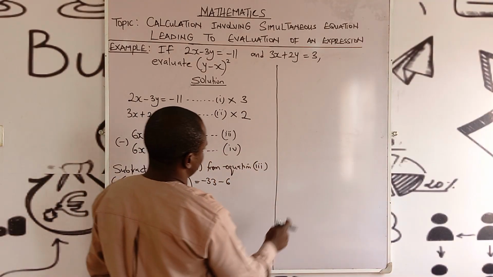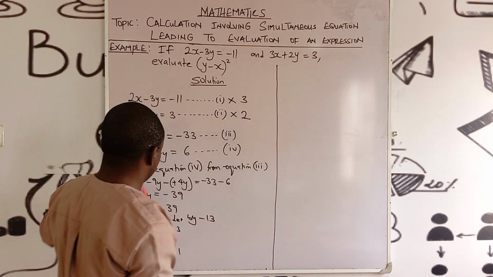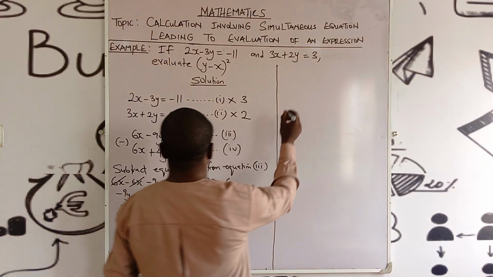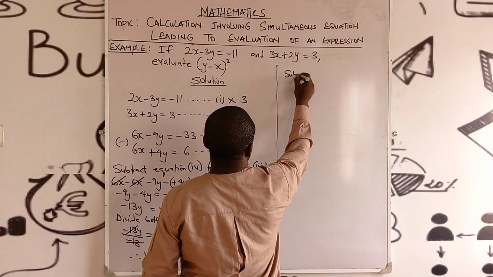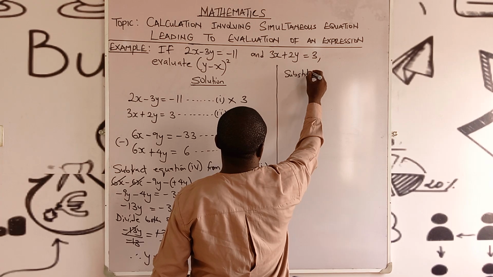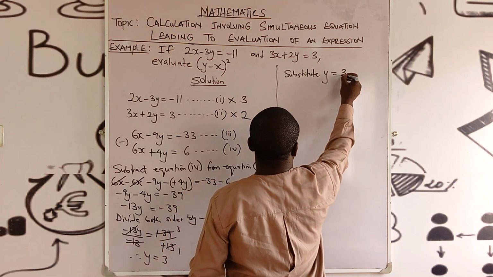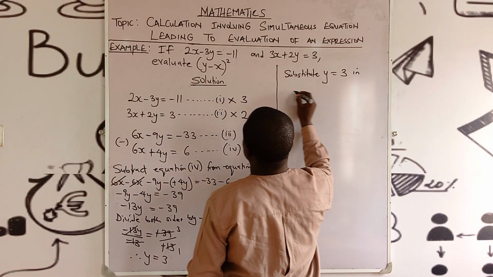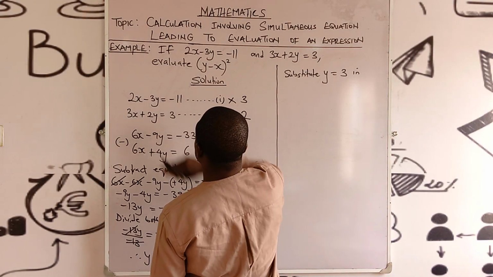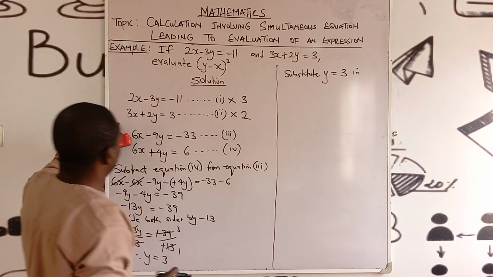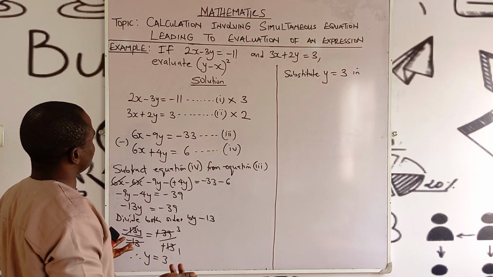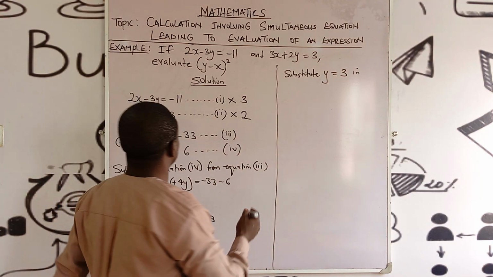Okay. Now, let's get to the other one. You can substitute y. Substitute y equals 3 in equation, let's pick equation 2, or you can pick equation 1, any of the above, but I'm picking equation 2.